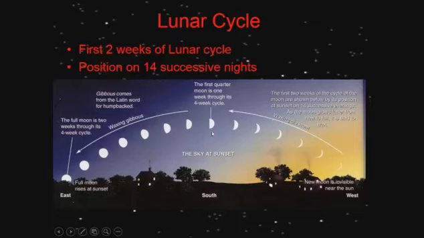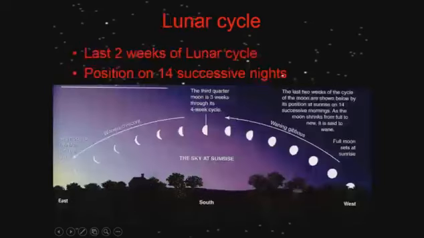This is the 4th week in the cycle, and a waxing gibbous moon, and then a full moon. The last 2 weeks of the lunar cycle, you're now looking at this whole thing coming up later, and we're looking at the sky at sunrise here, and here's the 3rd quarter and the moon going near to the sun here.